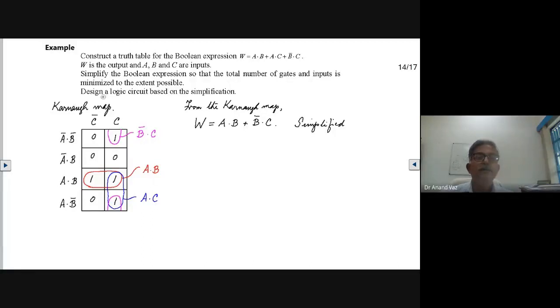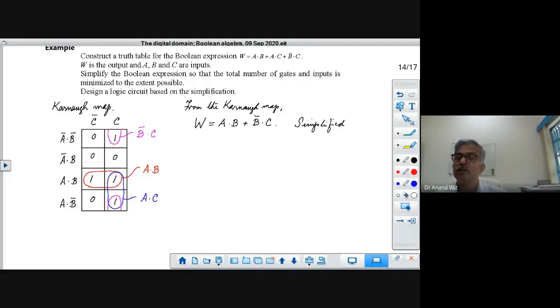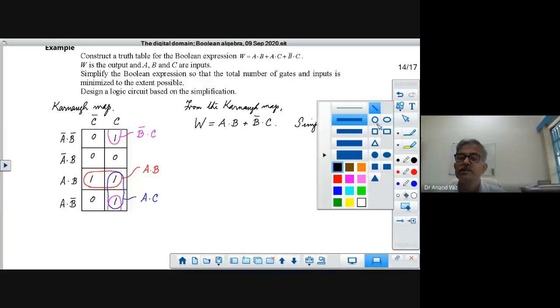And thereafter, you have been asked to design a logic circuit based on the simplification. And yesterday we have done design of the logic circuit, and I think all of you can do it. Just for those of you who were not clear about it yesterday, I'll once again show it to you.